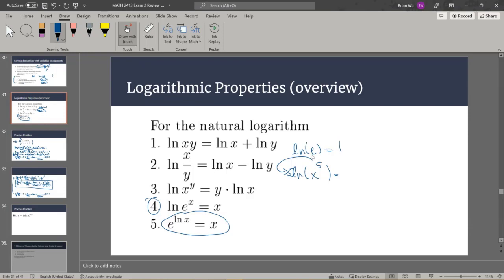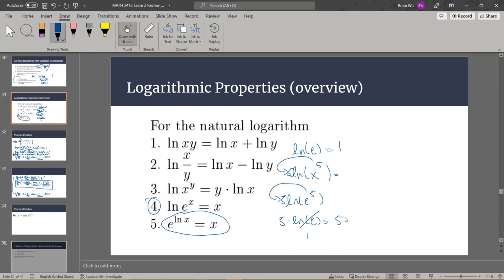In this case, let's try ln of e to the power of 5. What we're really doing is we're bringing this exponent down. So that's 5 times ln of e. And we know that ln e is 1, so that's 5.